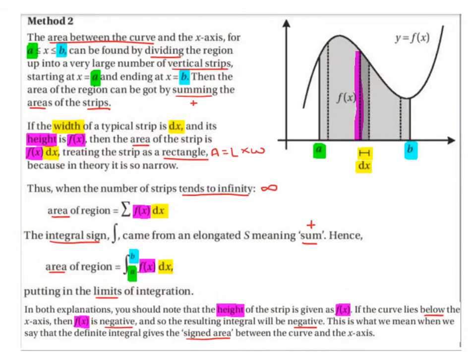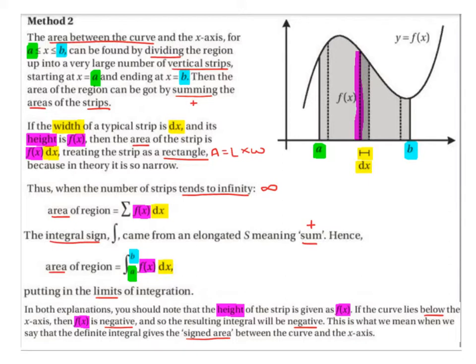Method 2. The area between the curve and the x-axis for x values between a and b can be found by dividing the region up into a very large number of vertical strips, starting at x equals a and ending at x equals b. Then the area of the region can be got by summing, which means adding, the areas of the strips.